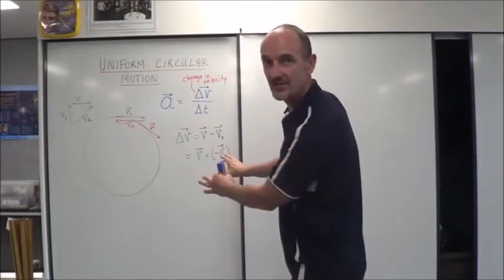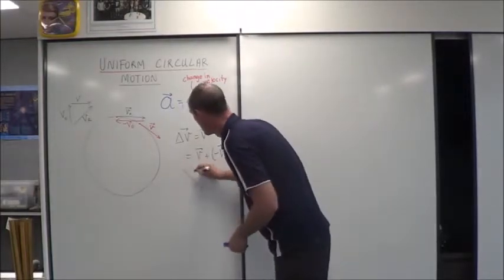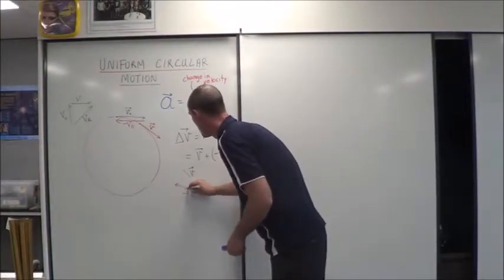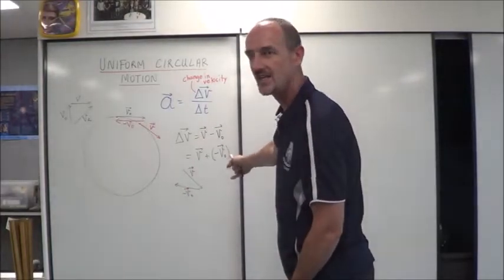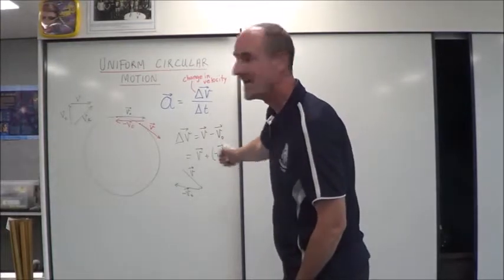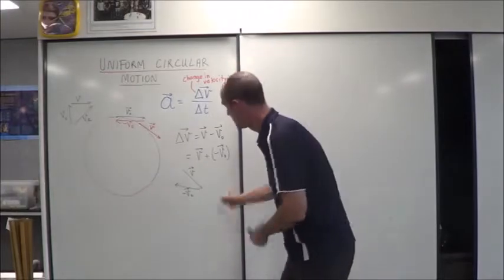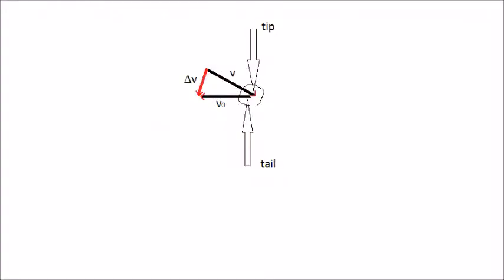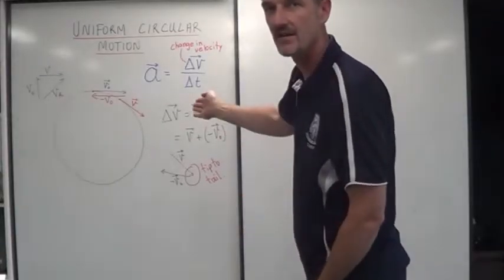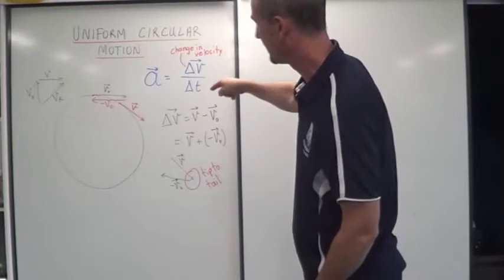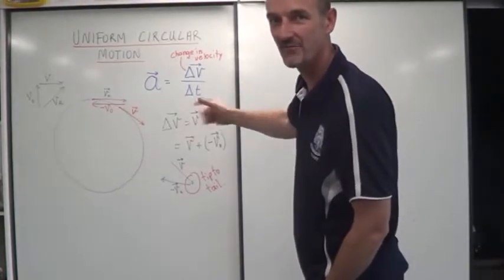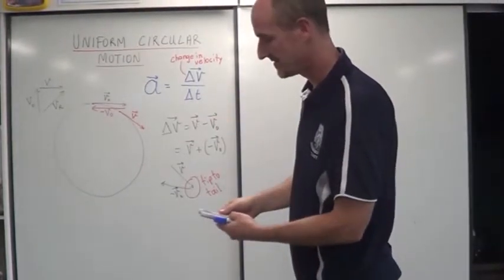I'll do it down here so you can see. So I've got V and then negative V0 added tip to tail. And then we go from where we started to where we ended, and we'll get our resultant.